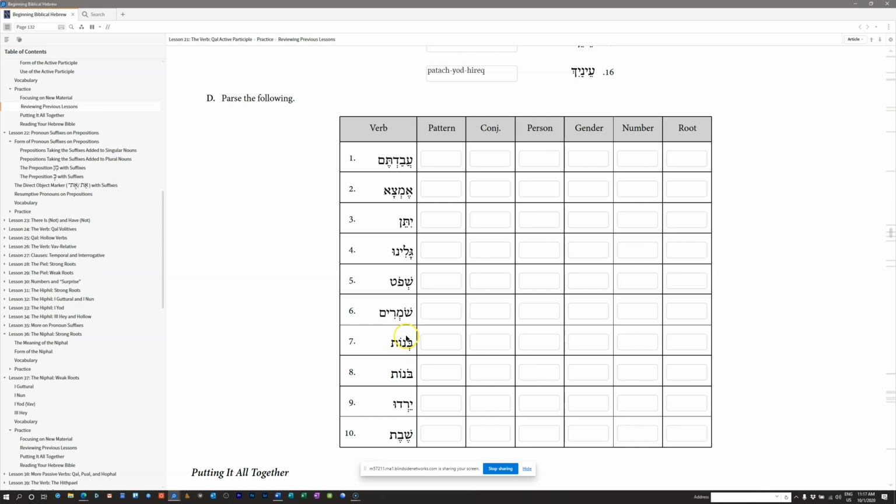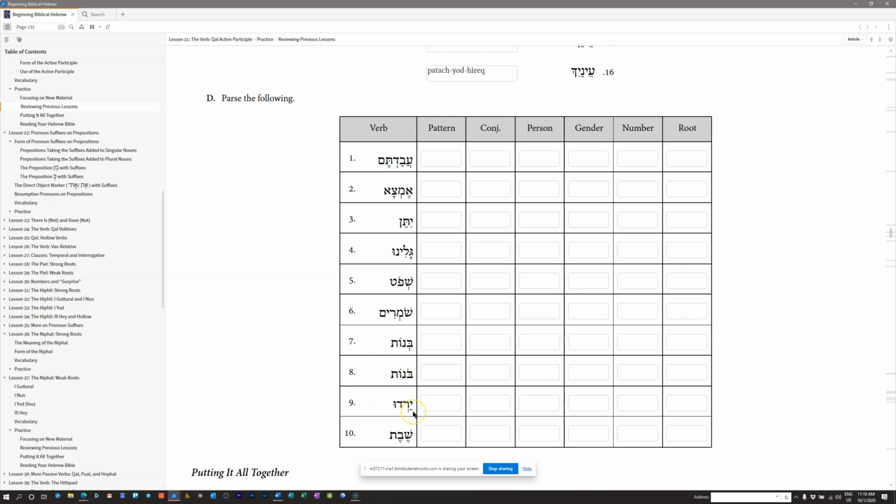The reason is we don't have the holem R1 vowel. We have the shva R1 vowel, which is the difference between a Qal active participle feminine plural of bana and a Qal infinitive construct of bana. Now, number 8, here we've got that holem. So this one is the Qal active participle feminine plural.